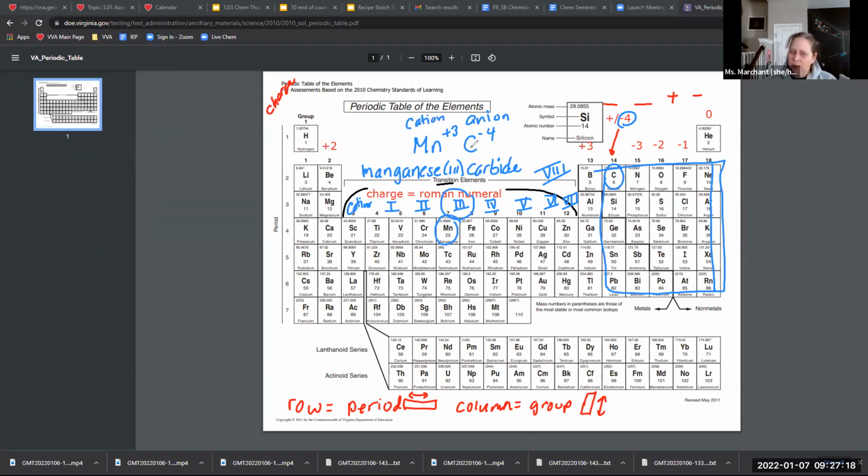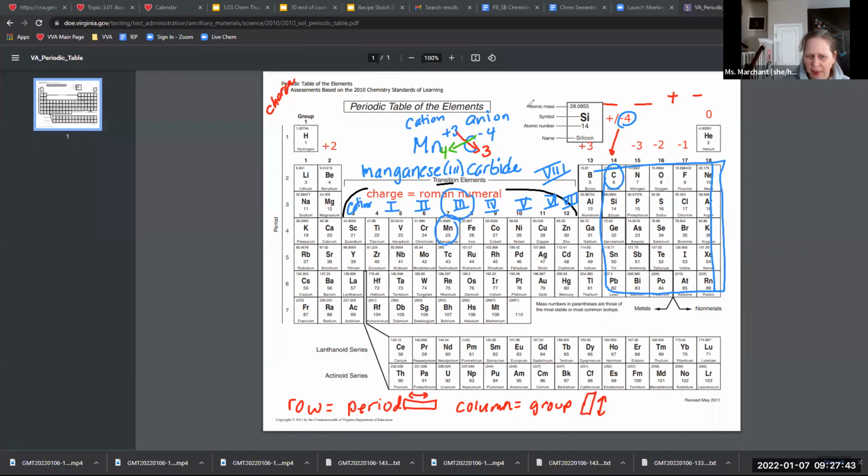My carbon could be in the front or the back, depending on its charge. In this case, since I'm doing an ionic bond, I need a positive and a negative. And then I crisscross. The 3 goes down here underneath the charge of the other element. And the -4 becomes just a 4, and it goes under the 3 of manganese. So I'm just switching their places, or crisscrossing as it's called.